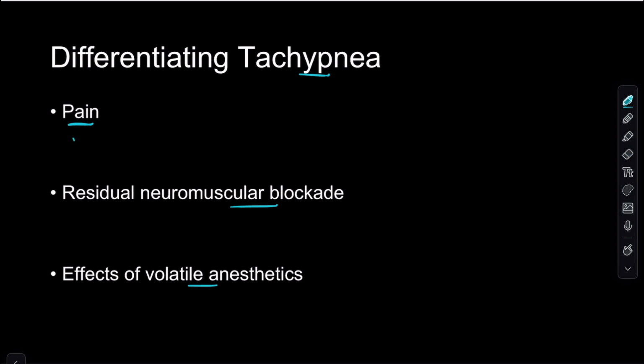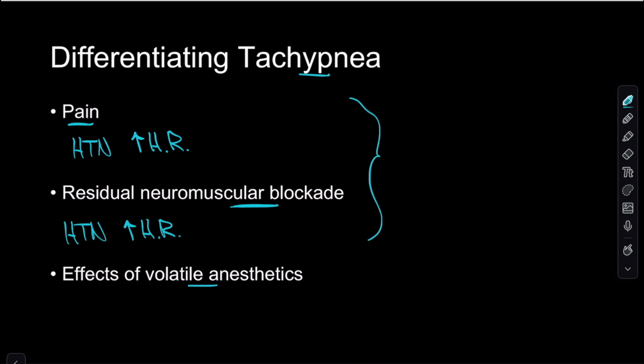If it's due to pain, you would expect there to also be hypertension or tachycardia associated with it because they are in pain. Now, if a patient has residual neuromuscular blockade, that's an uncomfortable feeling, so they also could have hypertension and tachycardia. A big thing that you could use to differentiate these would be train of 4.